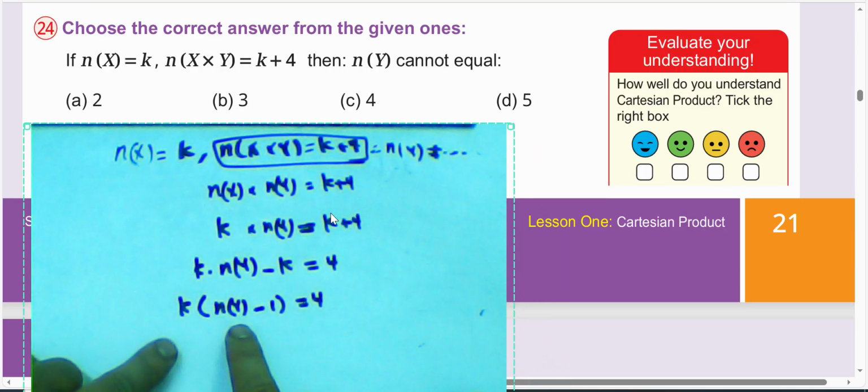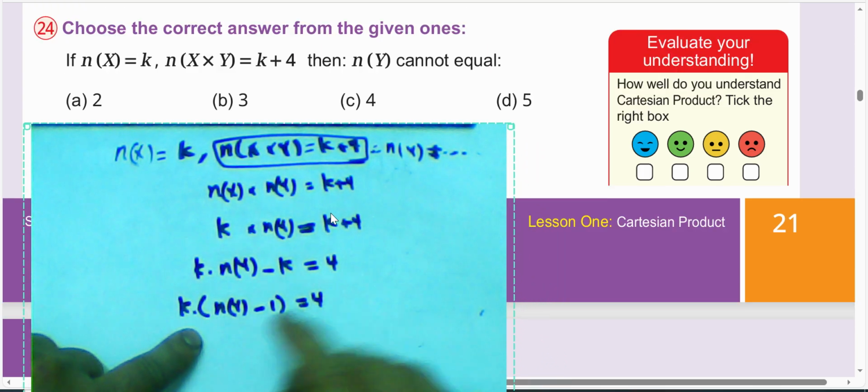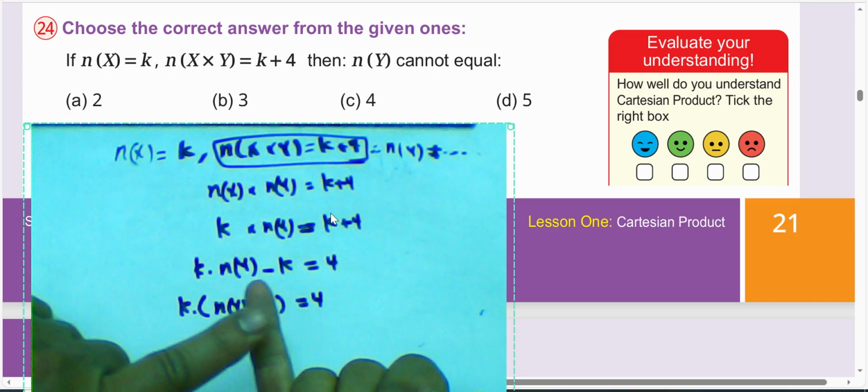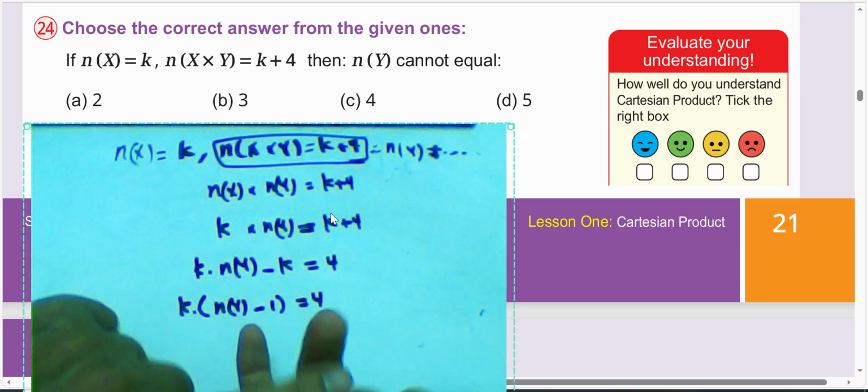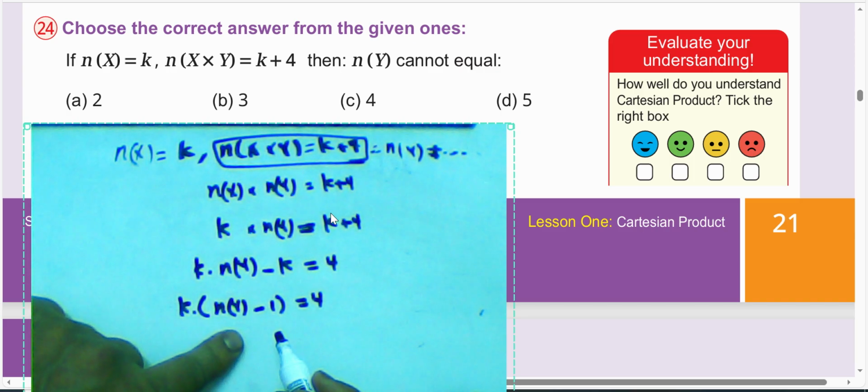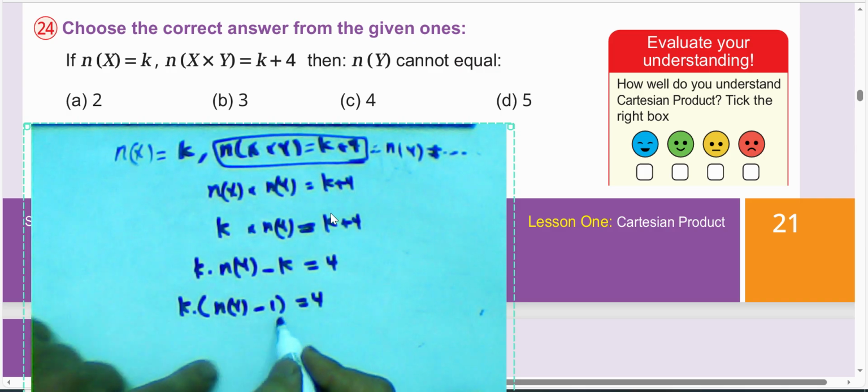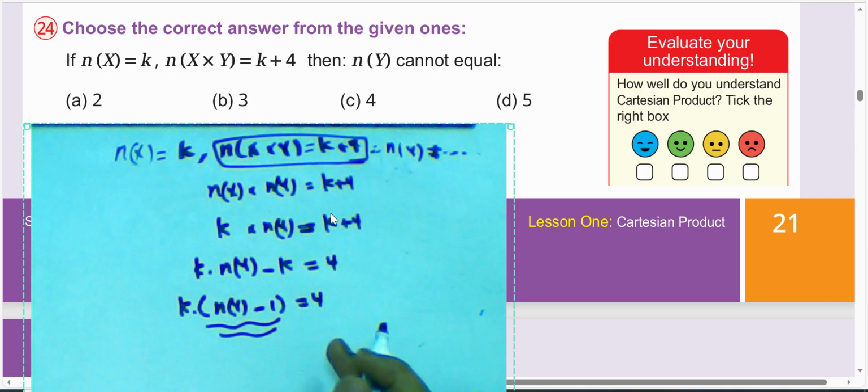What does it mean that two numbers multiplied together equal 4? It means the second may be equal to 1 or 2 or 4. Then the number of elements in Y minus 1 is a factor of 4.